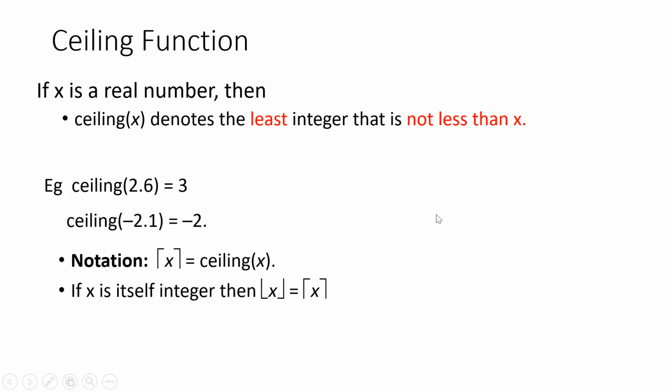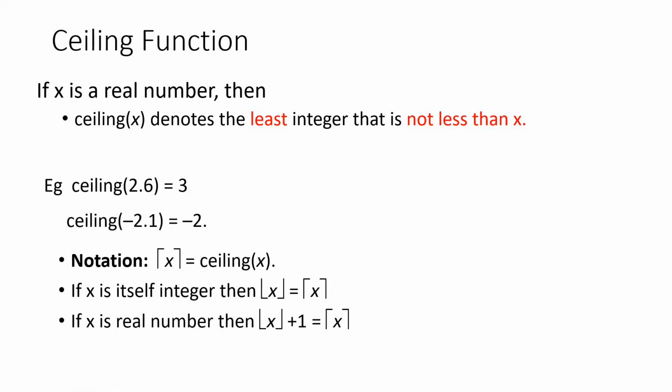The ceiling of 3: you will not get any number which is not less than 3 and which is the least integer other than 3 itself, right? Again, if you try to find the floor of 3, it will be the same number. That means if X is an integer and you find the floor and ceiling, it will be the same as that number itself. Got it? The floor of 3 is equal to the ceiling of 3, which is nothing but 3 itself. Got it?